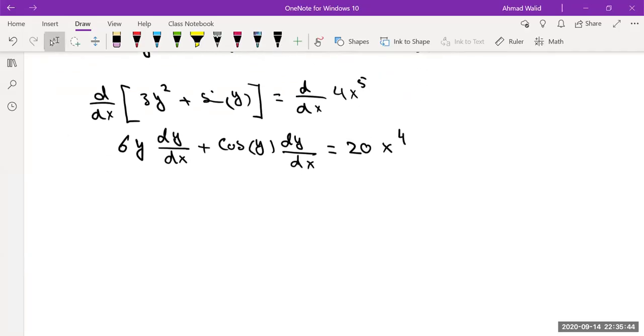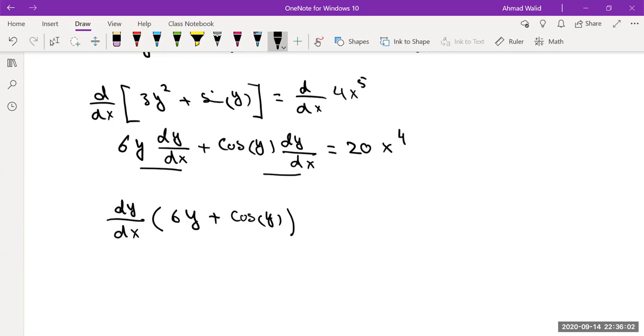Now, step 2, solving this equation for dy dx. You see here you have dy dx, you have dy dx, factor out dy dx. dy dx, parentheses, what's left here? 6y plus cosine y equals 20x to the power of 4.